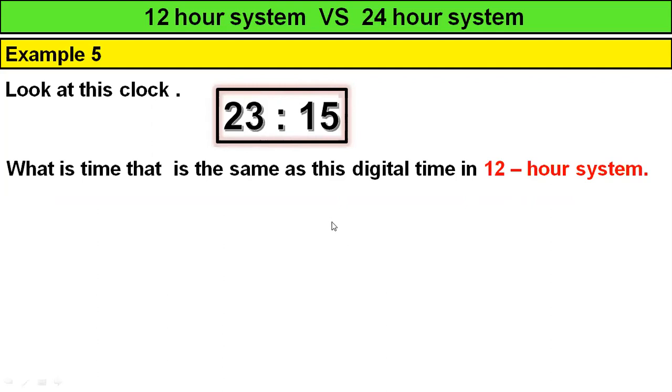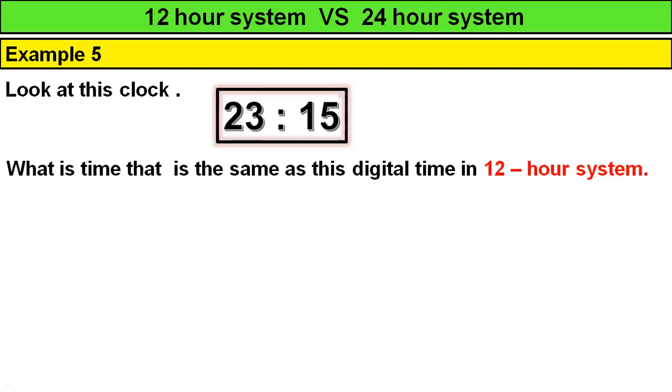It's afternoon, so it's PM. The minutes stay the same, 15. But we need to know 23 is similar to what? How do you know that? You keep counting from 12 and see 23 after number 12 by how many numbers?